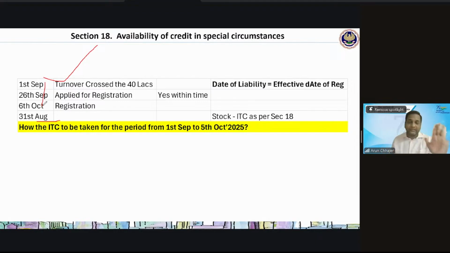There is no ambiguity. Now, for this period you will not find a provision on how the ITC is to be claimed, because if you read 18(1) you will not have the clarity. But this is the point with respect to the law.